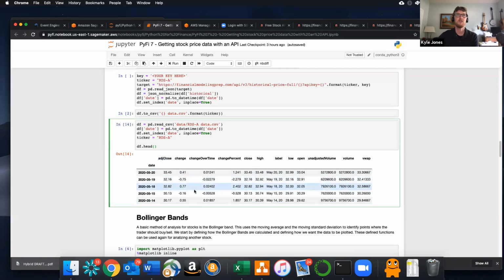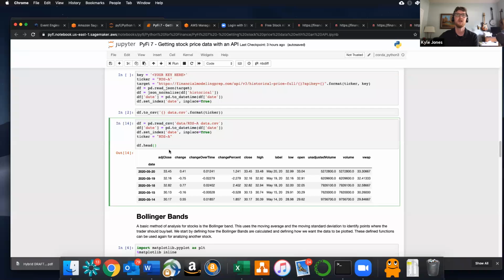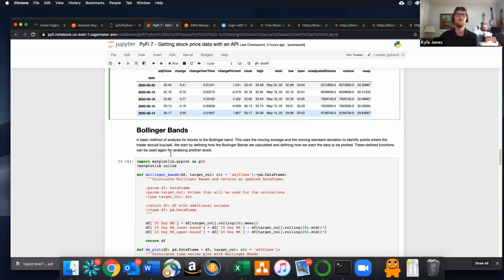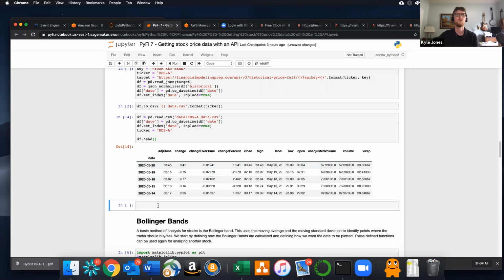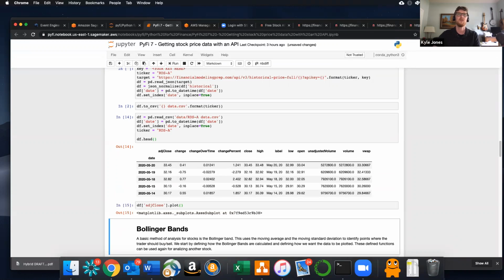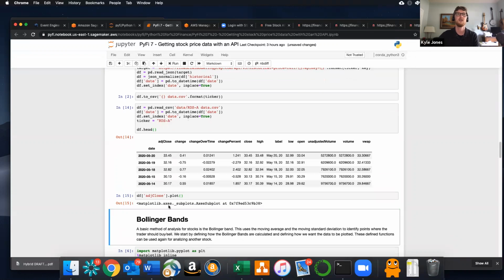So there's a lot of information here. And let's go ahead and plot this. So if we add a new line, we can do df close dot plot, and we'll get a nice time series plot.